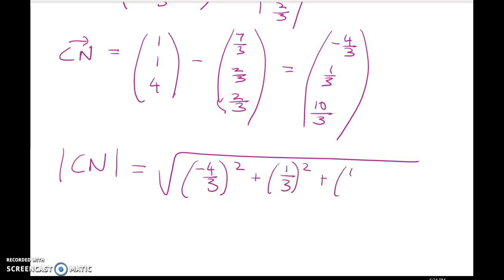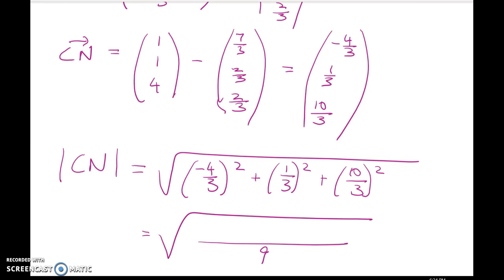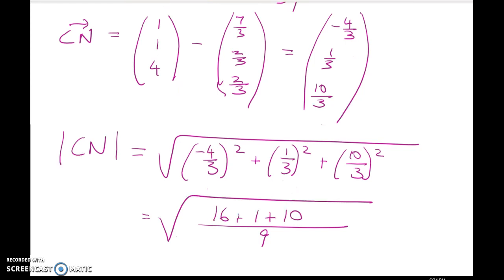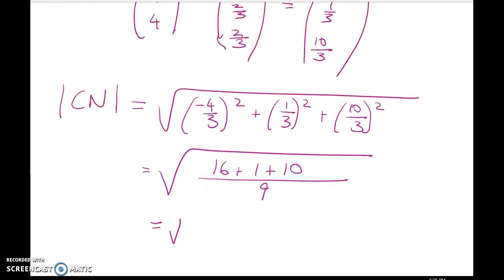So those numbers don't look too nice, but they clean up well. So we're going to have 9 for the denominator, 16 plus 1 plus 10, which is square root of 117 on 9, which is root 13 as required.